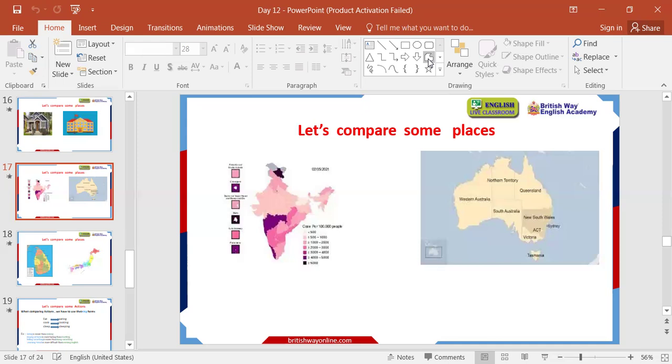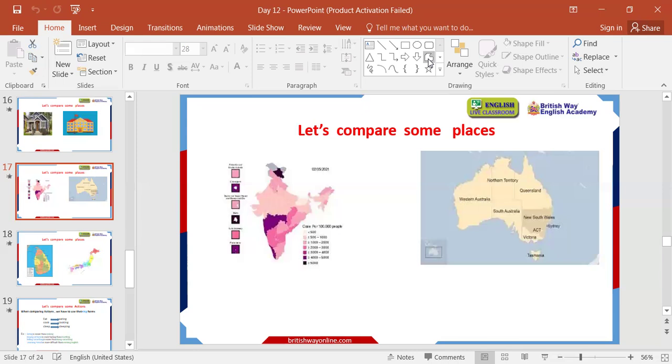Though Australia is more beautiful than India, the Australian food is healthier than Indian. Australian roads are wider than Indian roads.